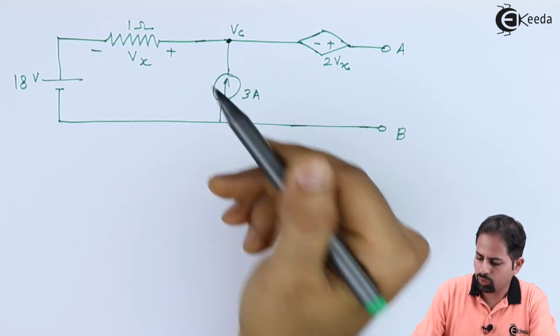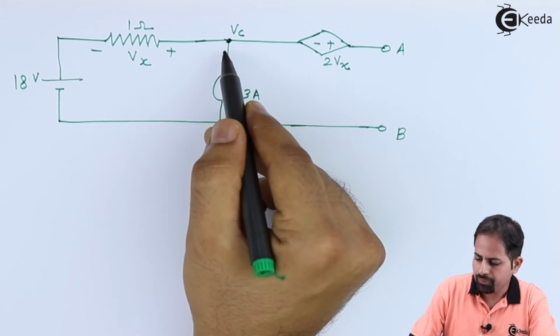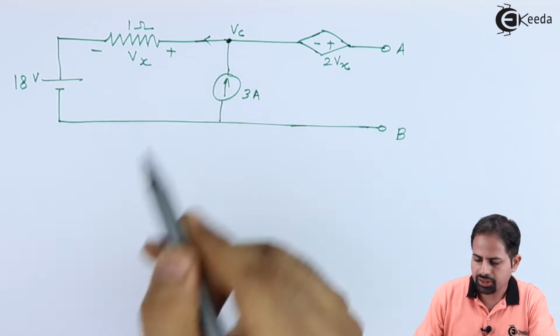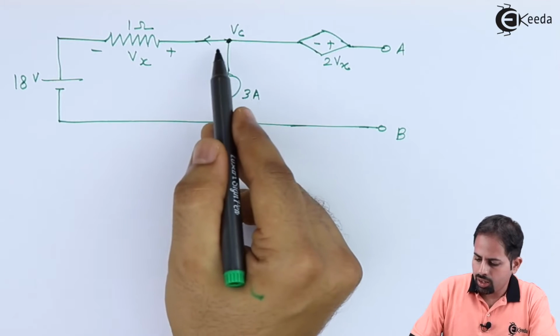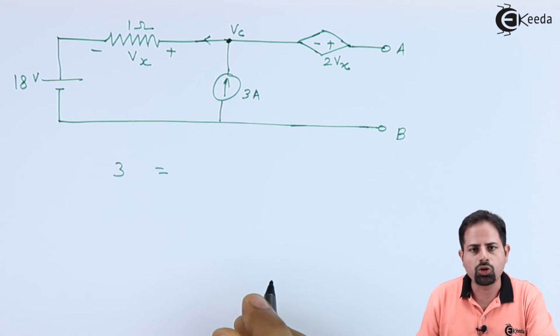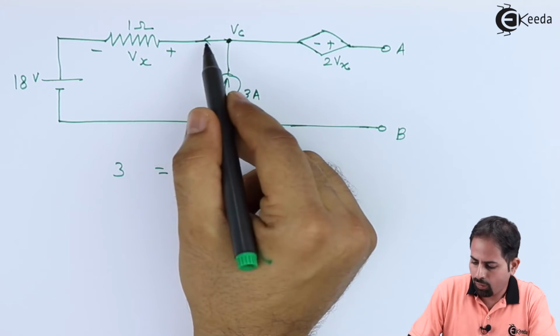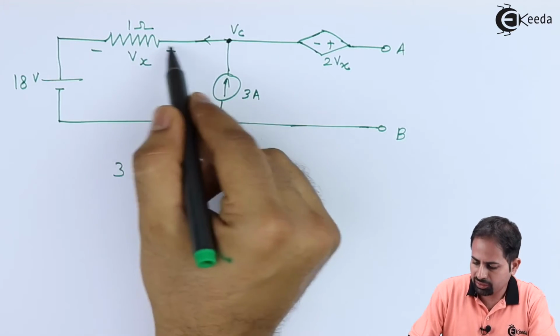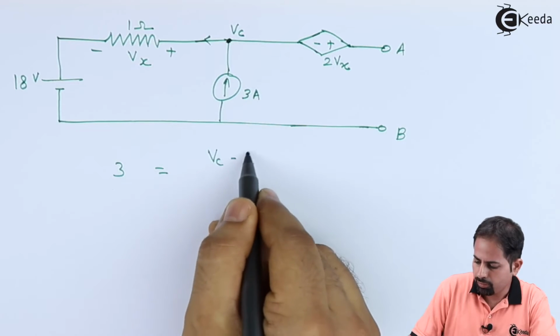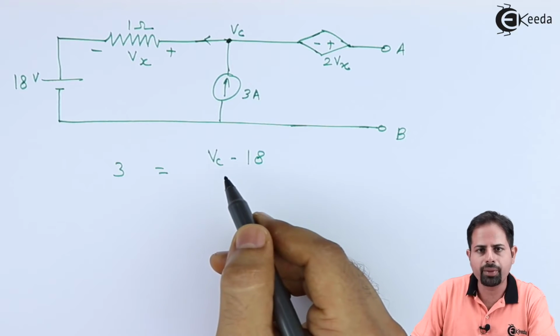So at this particular node, obviously this is incoming current and this is supposed to be outgoing current, like this. So by KCL, incoming current is equal to outgoing current. So 3 will be equal to the current which is passing through this resistor. So that will be Vc minus 18, because current is voltage divided by resistance.